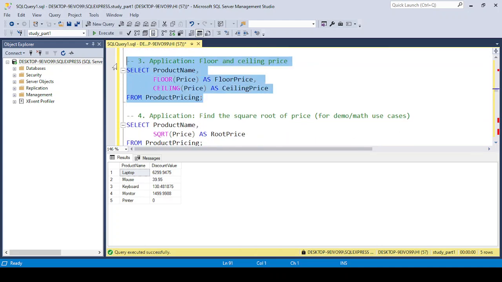Floor is the lowest, that is, this is the floor value without having any point zeros, and this is the ceiling value, that is one higher.